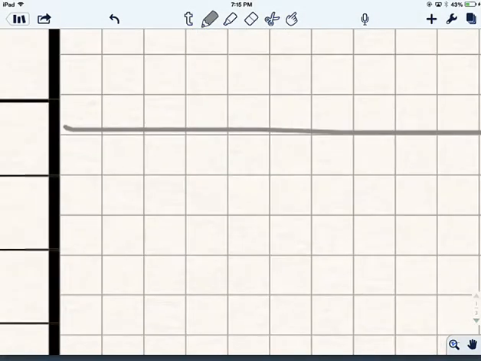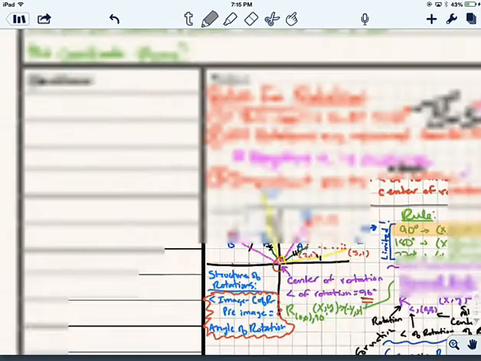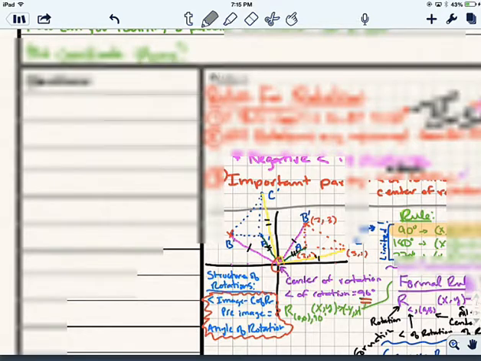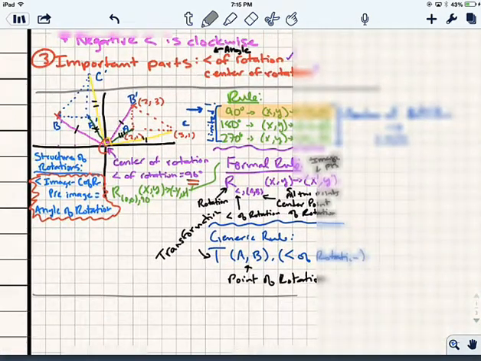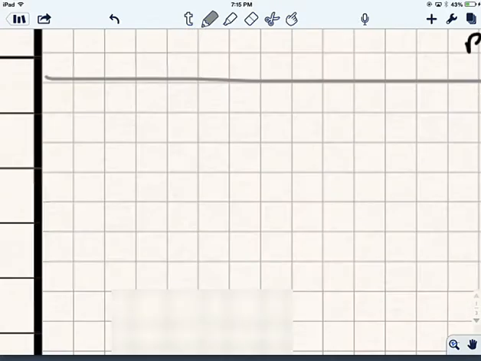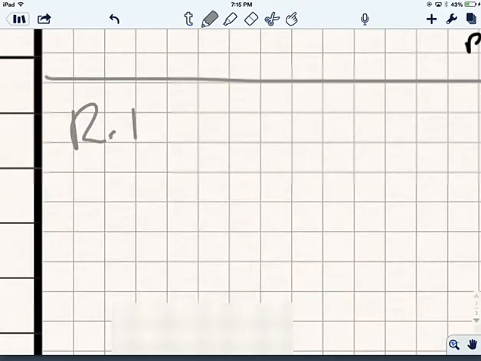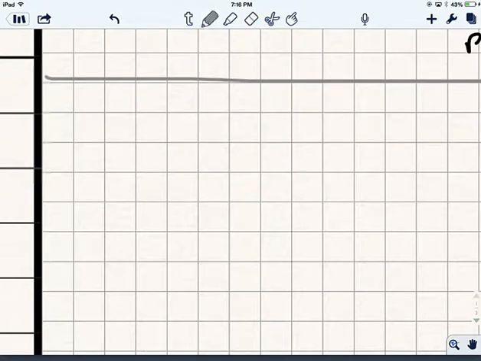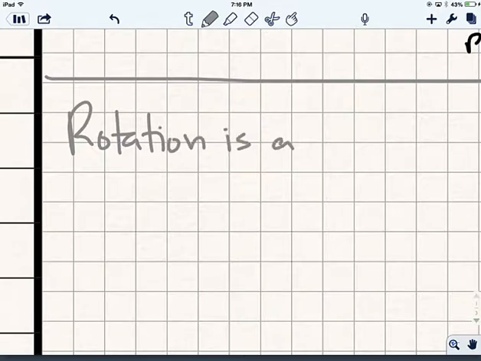So a big conclusion we can reach, given the structure and given the algebraic rule, is that rotation is a rigid transformation.